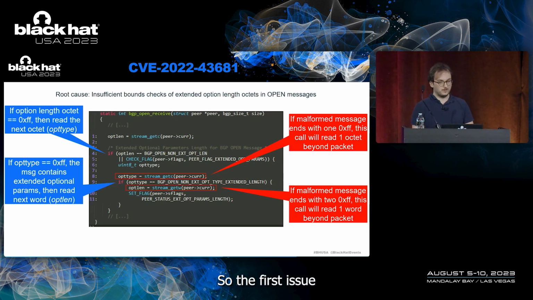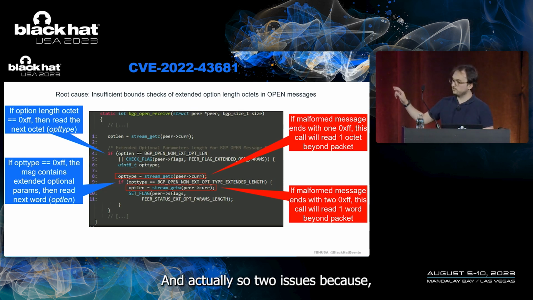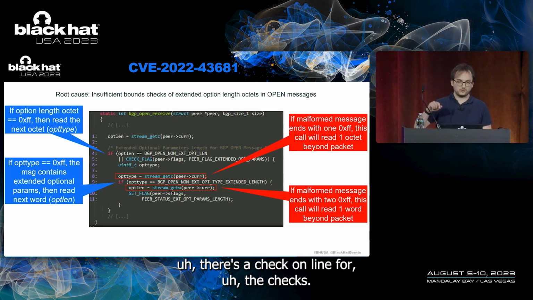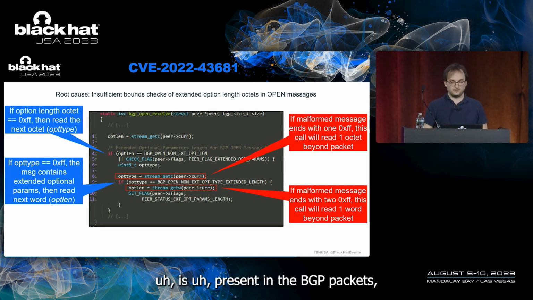So the first issue was in the BGP open receive function. Actually there are two issues, because there is a check on line 4 that checks if a parameter called extended optional parameter length is present in the BGP packet.